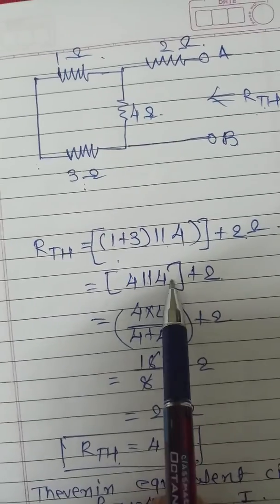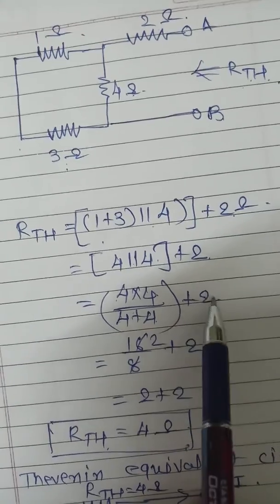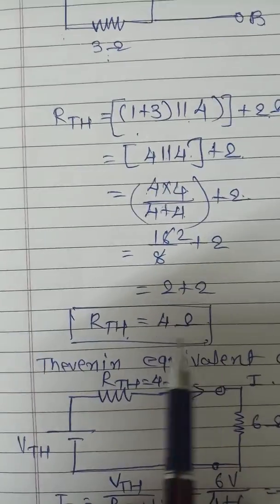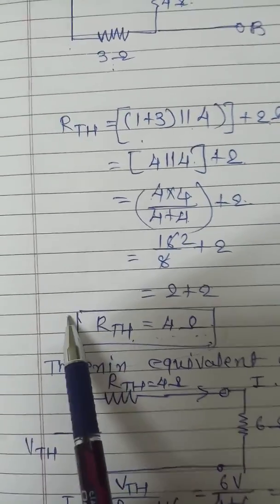So 4 is parallel to 4, so 4 multiplied by 4 divided by 4 plus 4, plus 2. So finally you will get 4 ohm. That is the Thevenin equivalent resistance.